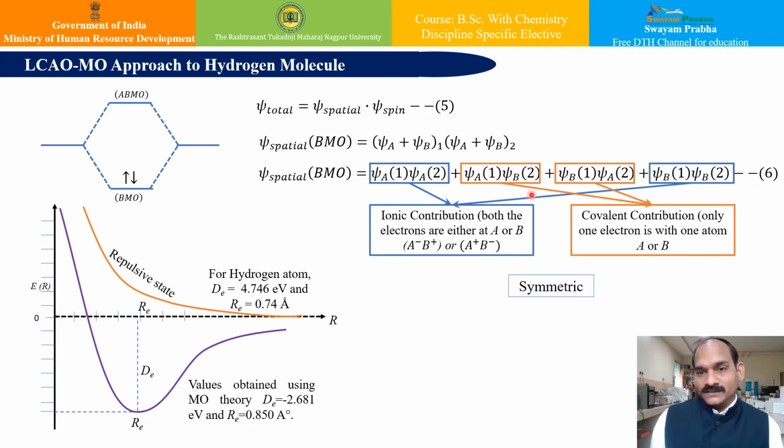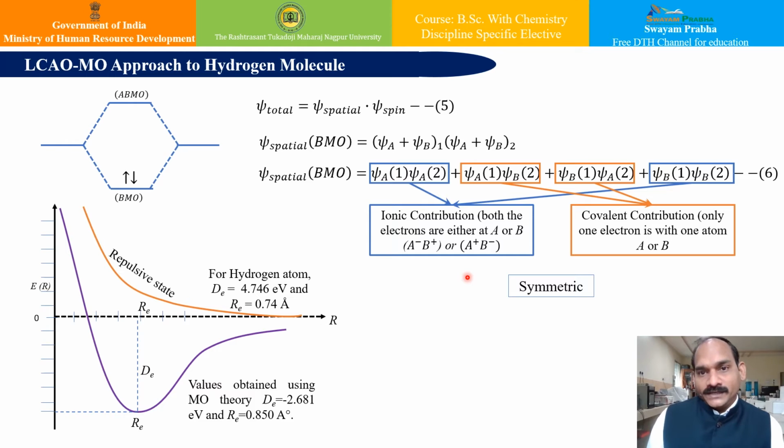Whereas in this orange part, one electron is with A and the other electron is with B, and vice versa, so this will be the covalent contribution, because one electron is at a time with one atom. Therefore this case will be AB type, that is covalent type, which is symmetric.